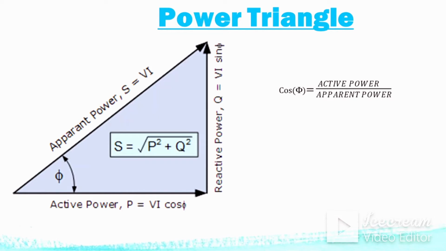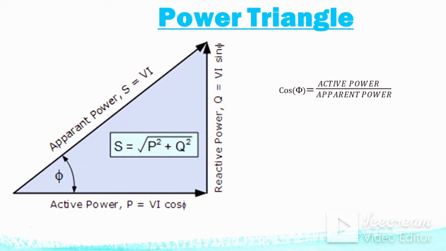We have previously mentioned that the power which is actually consumed or utilized in an AC circuit is called true power or active power. This can also be called real power. The power which flows back and forth, that means it moves in both directions in the circuit or reacts upon it, is called reactive power.